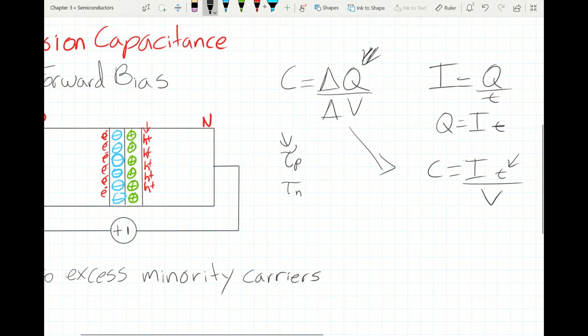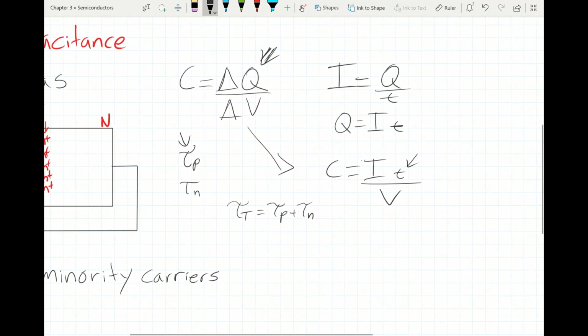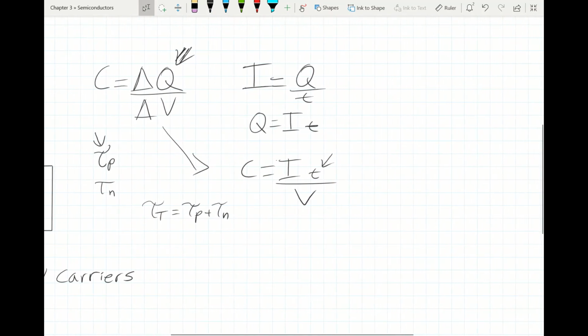And if we add those two lifetimes together, we end up with what we call mean transient time, which is this. And that's what we're going to have here for diffusion capacitance.